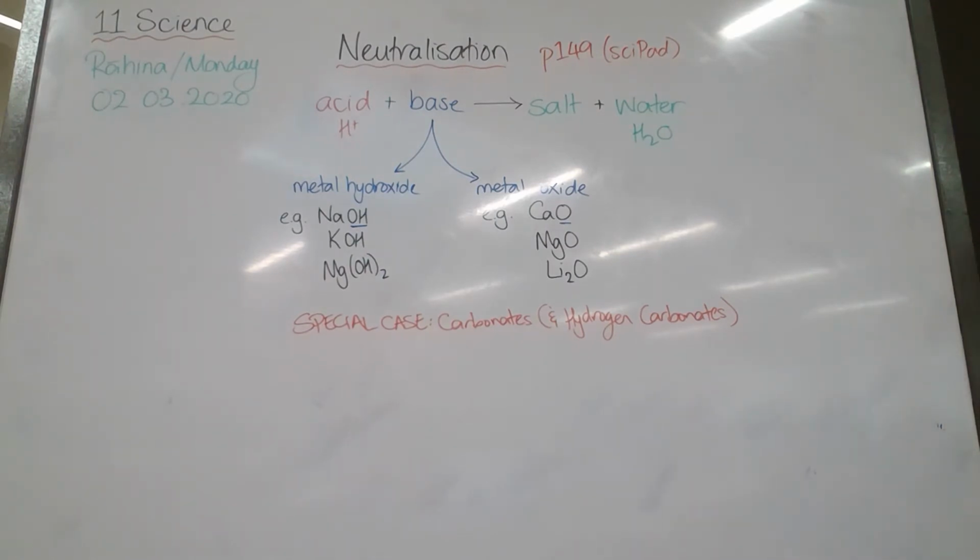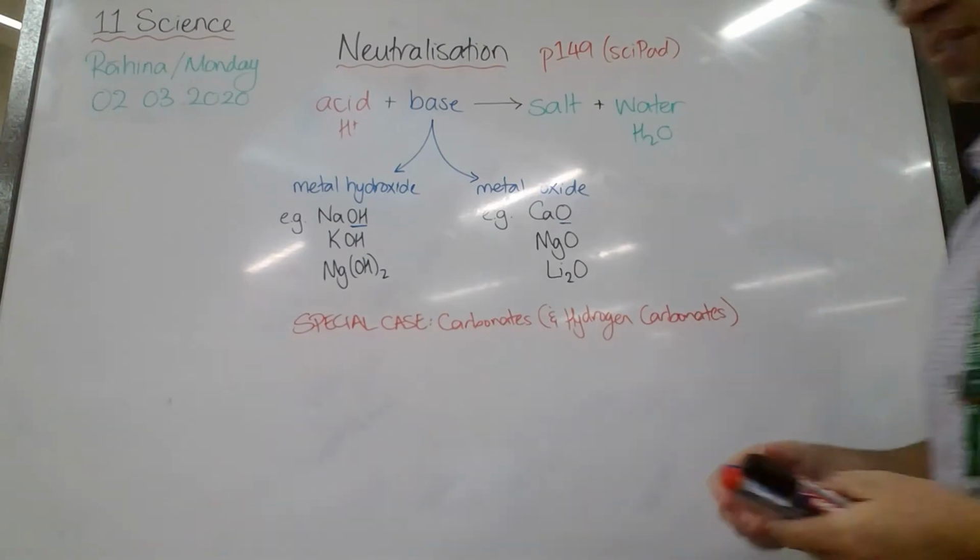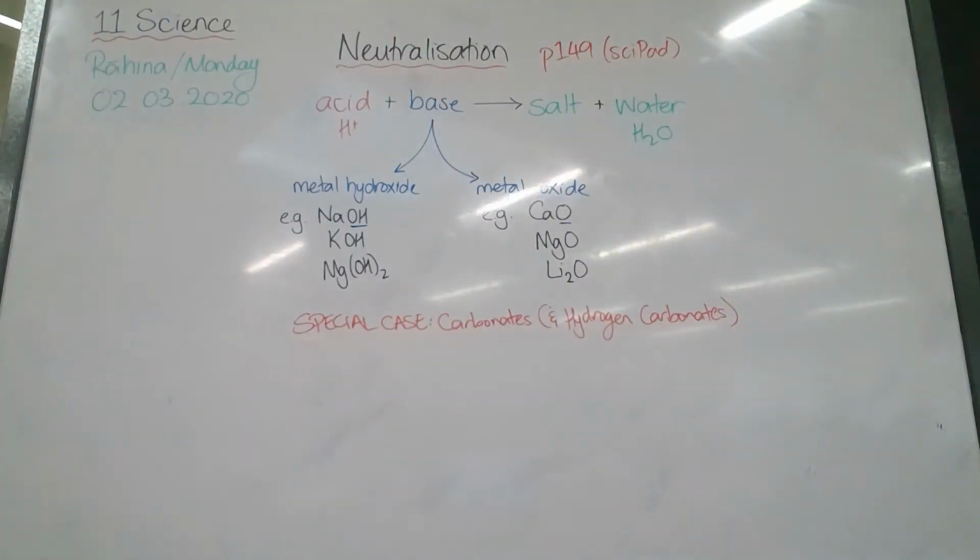So our next bit of teaching. There is a special case, and that's the carbonates and the hydrogen carbonates. They do have the oxygens to give away, but they've also got carbons in there, which means they make a different thing.